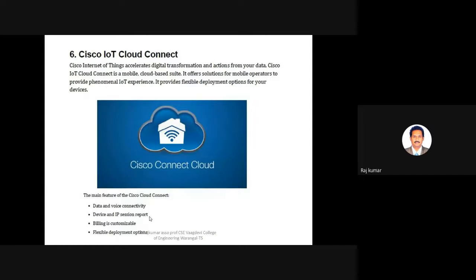So it is very much flexible. And here also we have different ways to deploy your data into the cloud. That much flexibility they provide. Any novice user can also connect to this Cisco IoT Cloud Connect. The name of the service provider is called IoT Cloud Connect from Cisco.